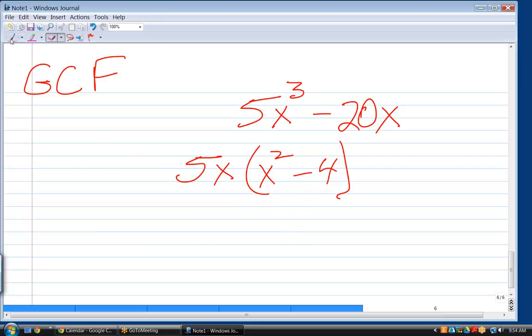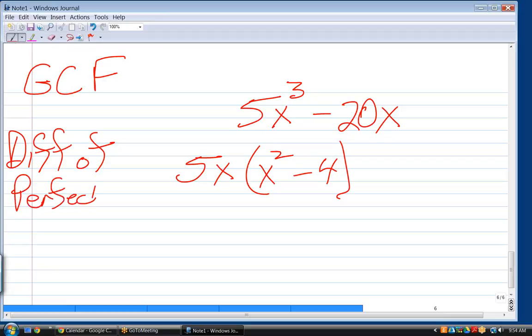And so that's the second kind of factoring. And it really helps if you memorize it by its name. Difference of perfect squares, because that spells it out perfectly. In other words, we need two things that are perfect squares and we need to be subtracting them.